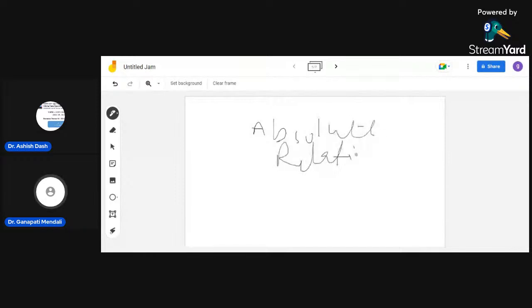Coming to the range, the first measure. What is the range? The range is the difference between the highest and the lowest items of the observation.